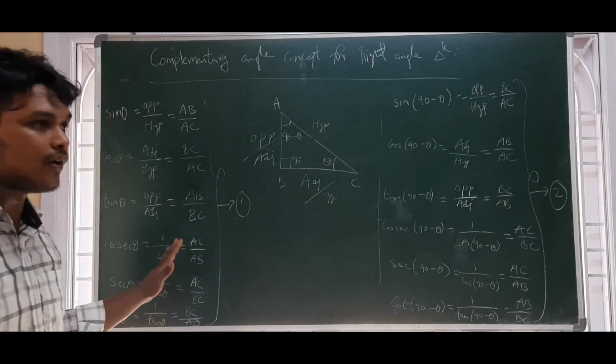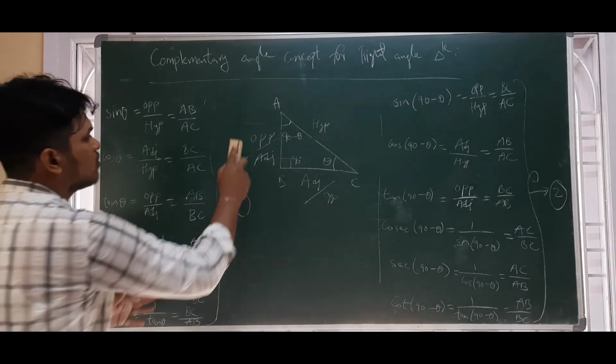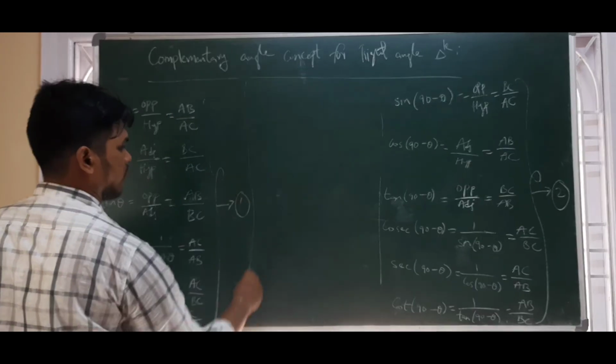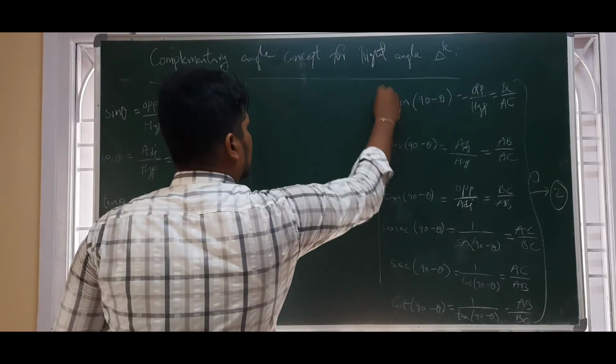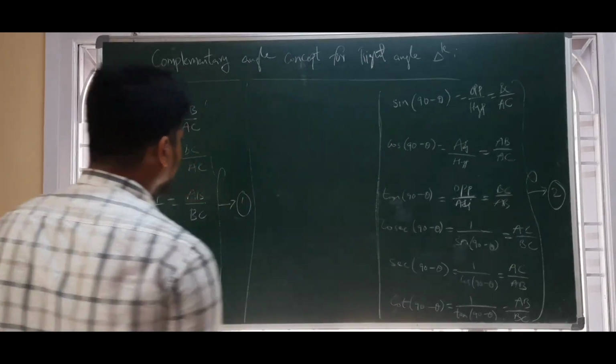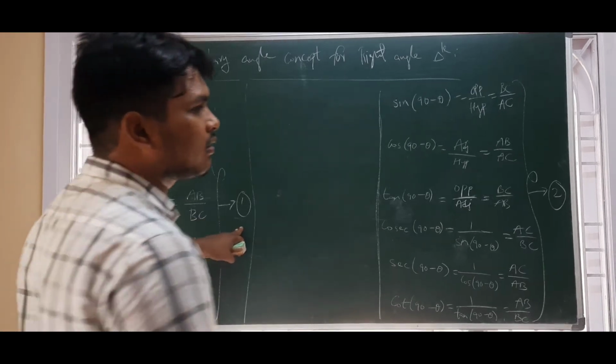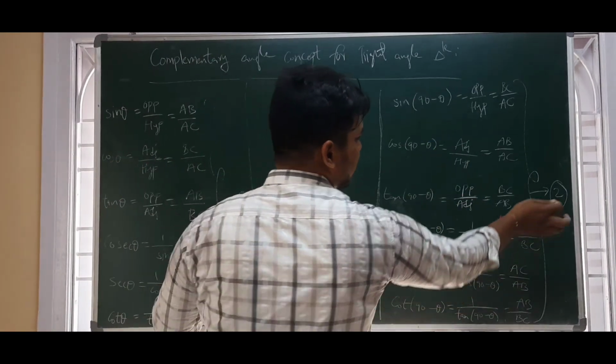I hope the points are very clear till now. These are all the 6 trigonometric ratios under the first equation, and these are all the 6 trigonometric ratios under the second equation.